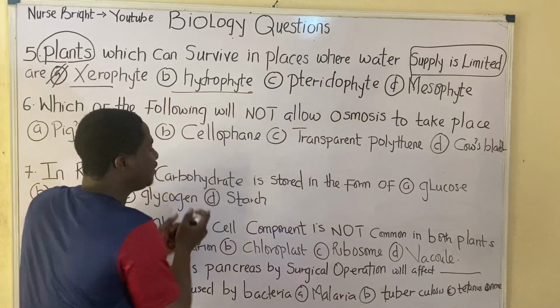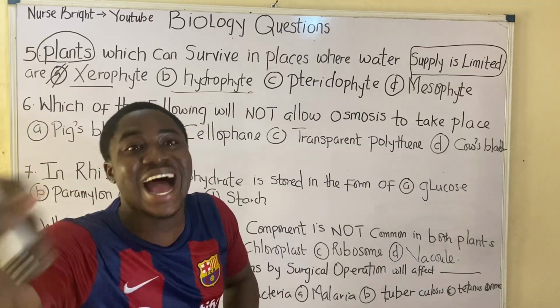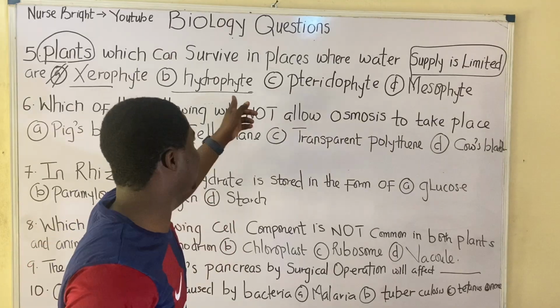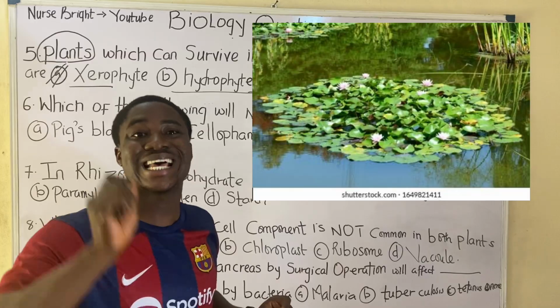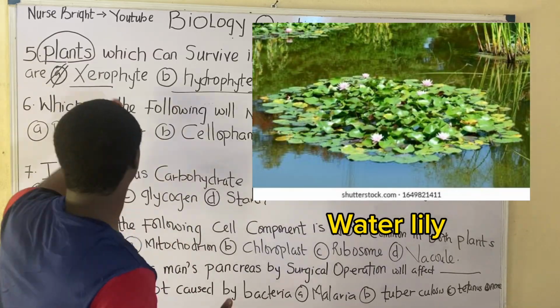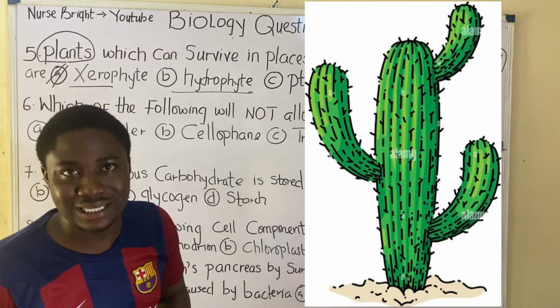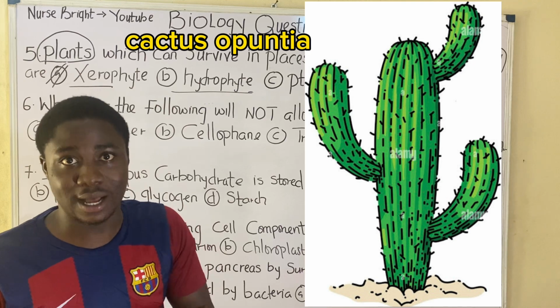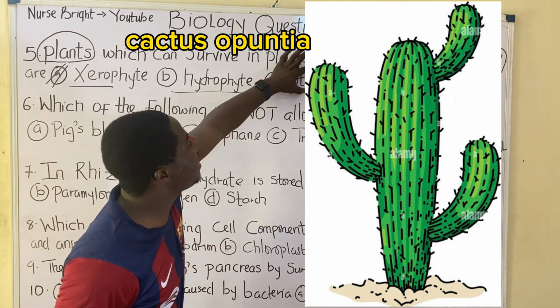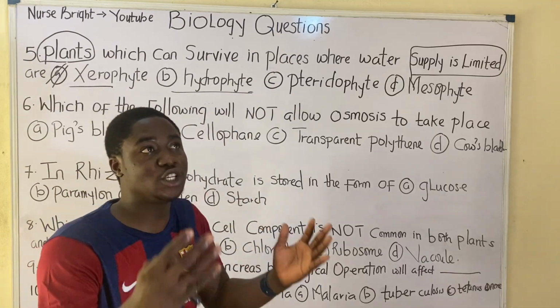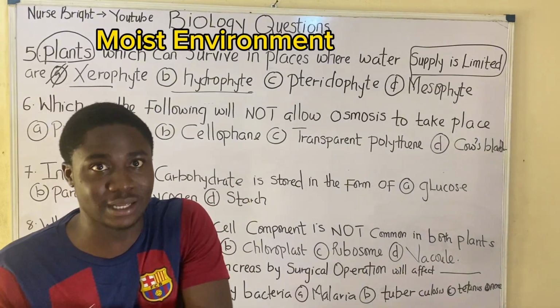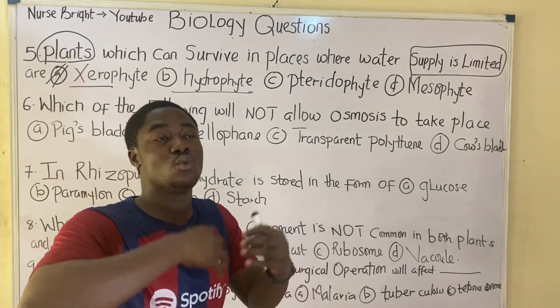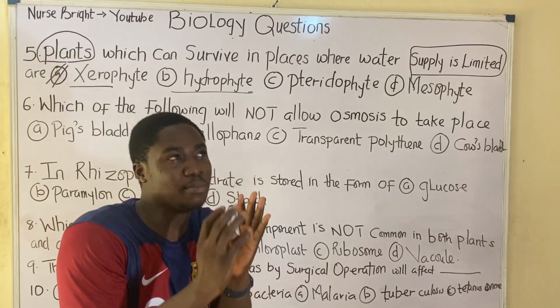Hydrophytes are plants that live where water supply is adequate. They cannot survive where water is not found. A good example is the water lily. For xerophytes, it is the cactus plant, Opuntia. Do you understand? Pteridophytes are divisions of plants that live in moist environments. This means that the water should not be too much, but just moist.